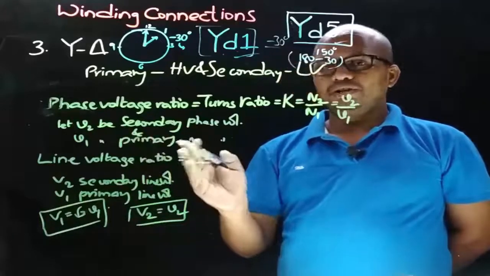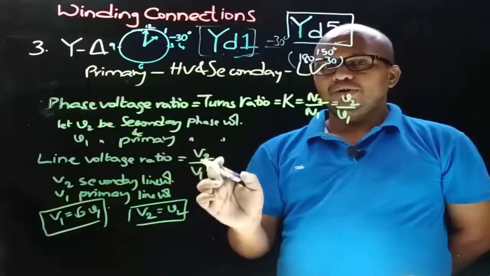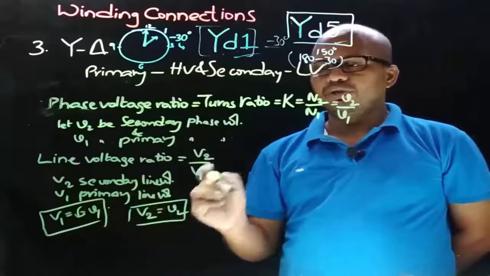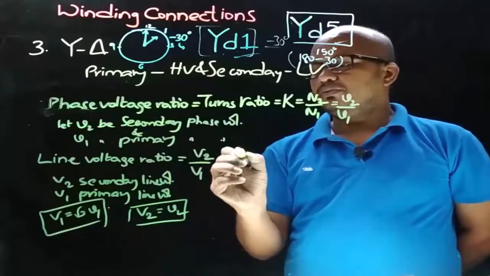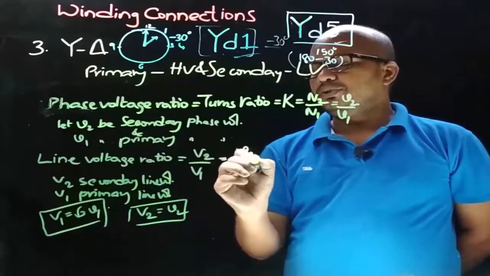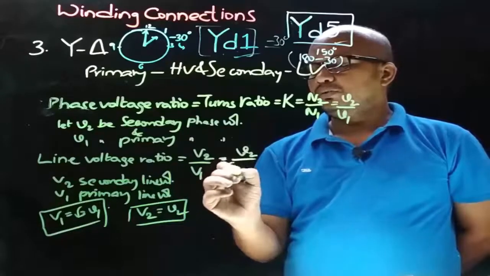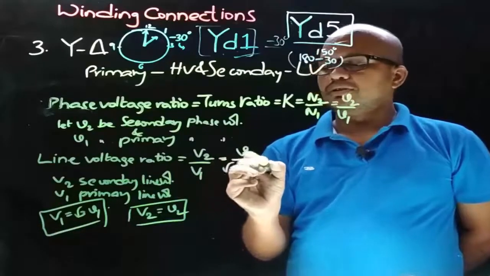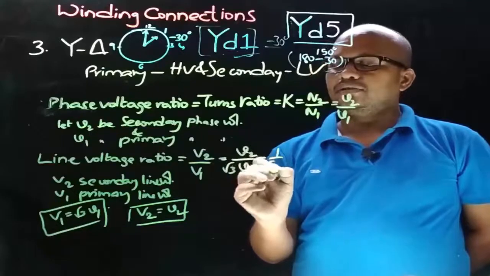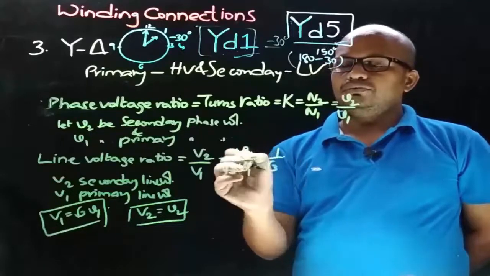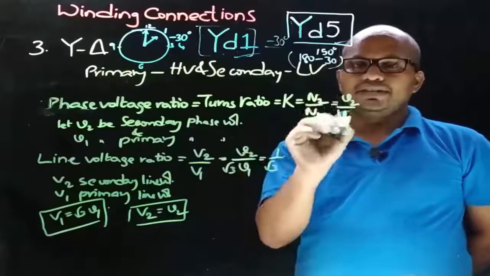Now in line voltage ratio, replace the line voltages with the phase voltages, that is equal to small v2 by √3 times small v1, and we can take that 1 by root 3 into small v2 by small v1 as equal to k.